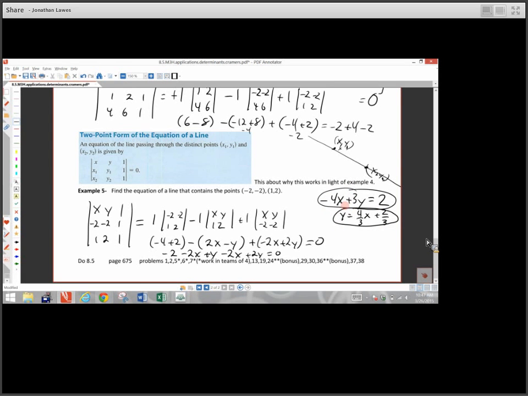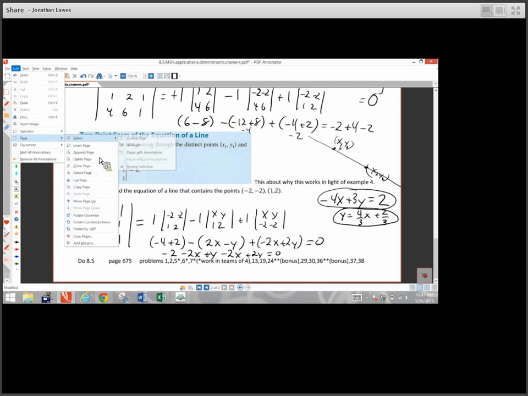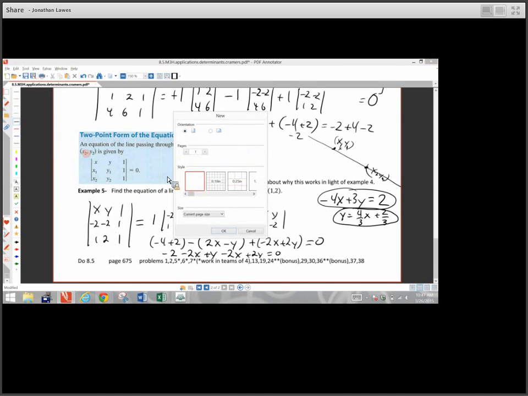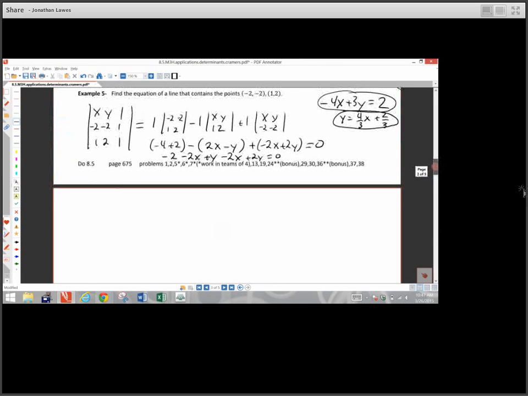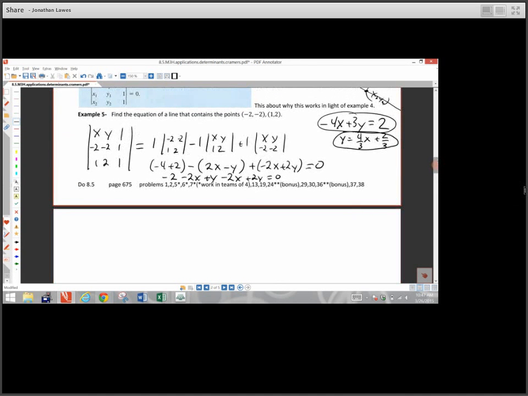What form of a linear equation did I say I like best? Do you remember what that was called? Point-slope form. So y minus y1 equals m times x minus x1. You need the slope though, right? How do I find the slope on this?